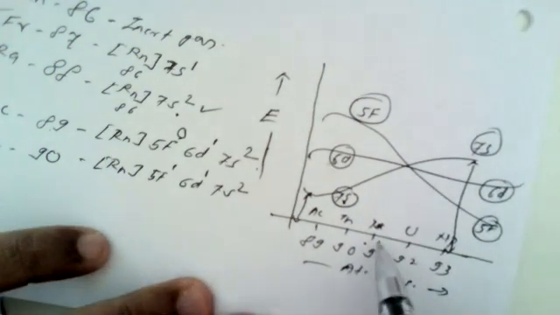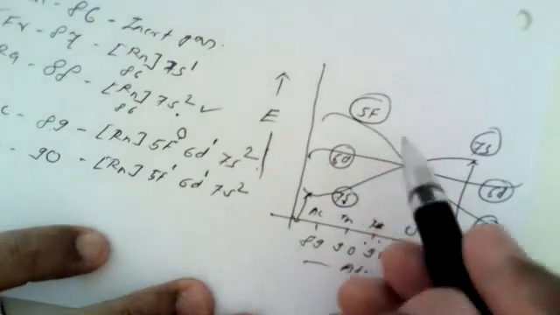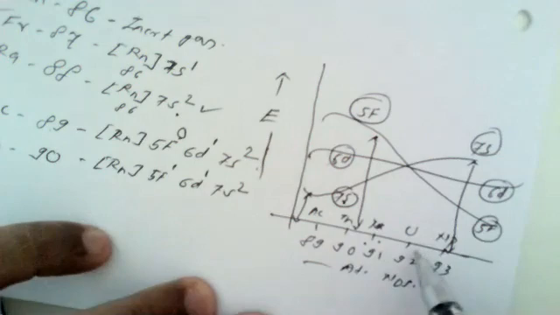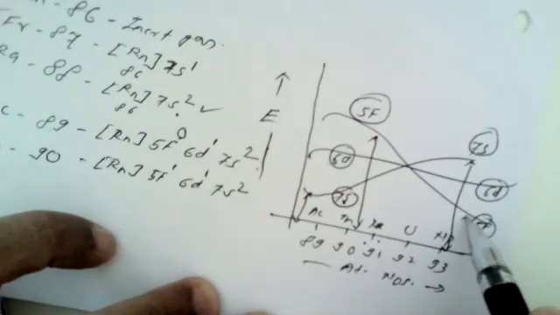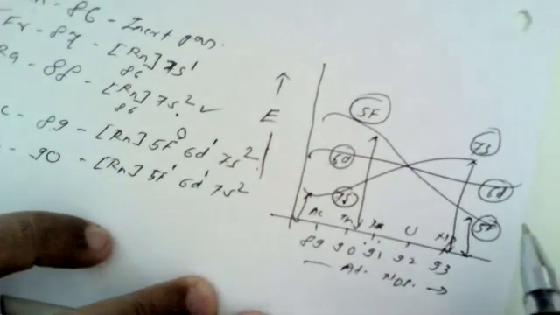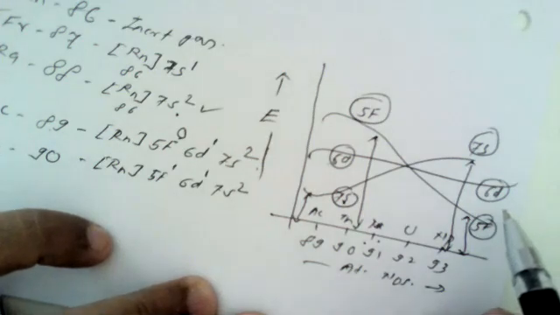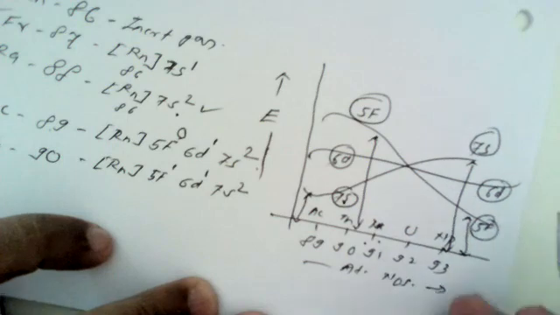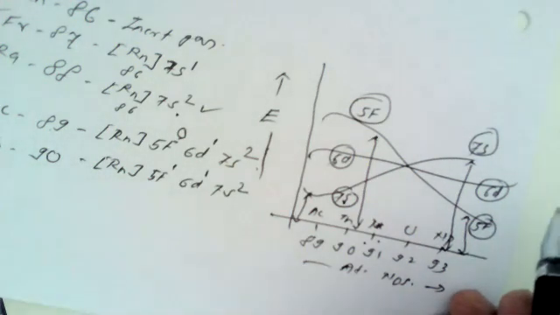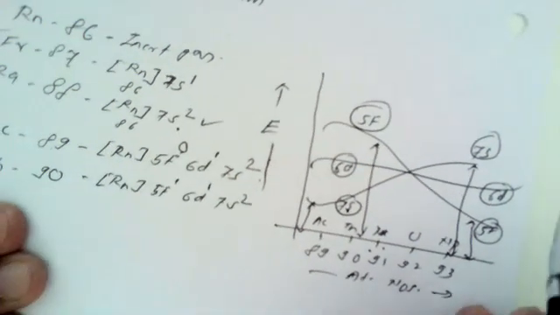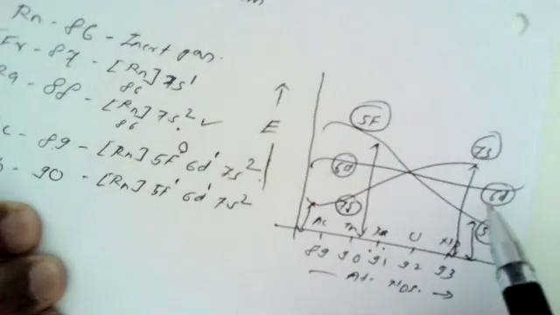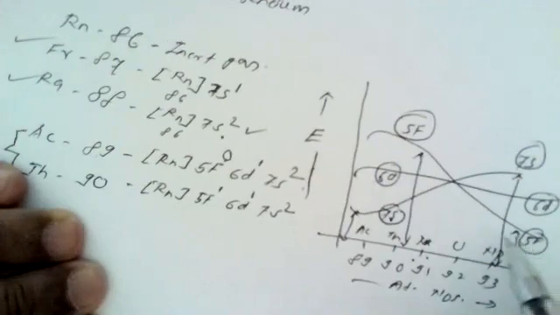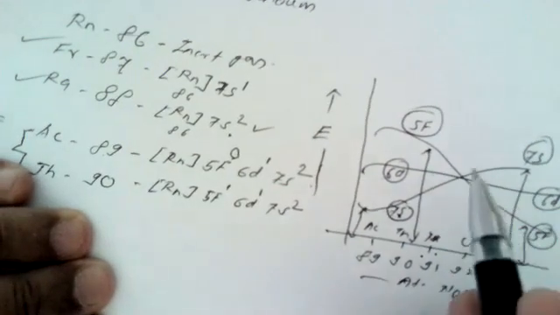Before protactinium, the 5f orbital has high energy, but after protactinium, the 5f orbital has low energy. And as we know, according to the aufbau principle, when the question of electron occupancy is there, the electron enters preferentially into the low energy orbital. We know this as the aufbau principle. So this happens before and after protactinium.